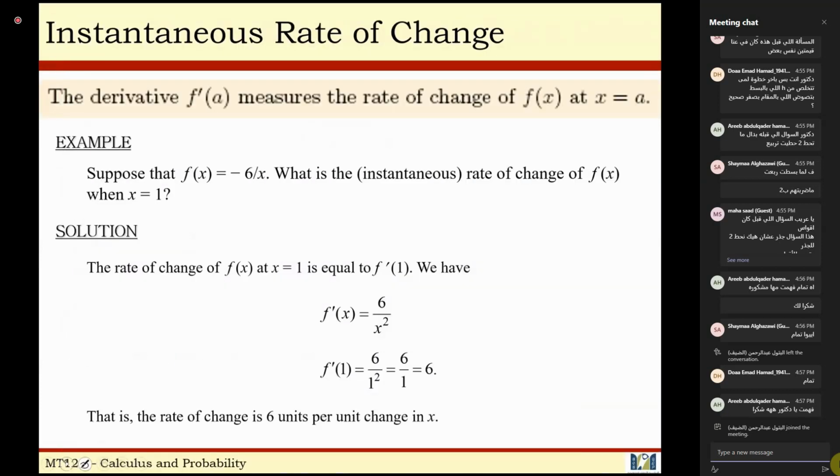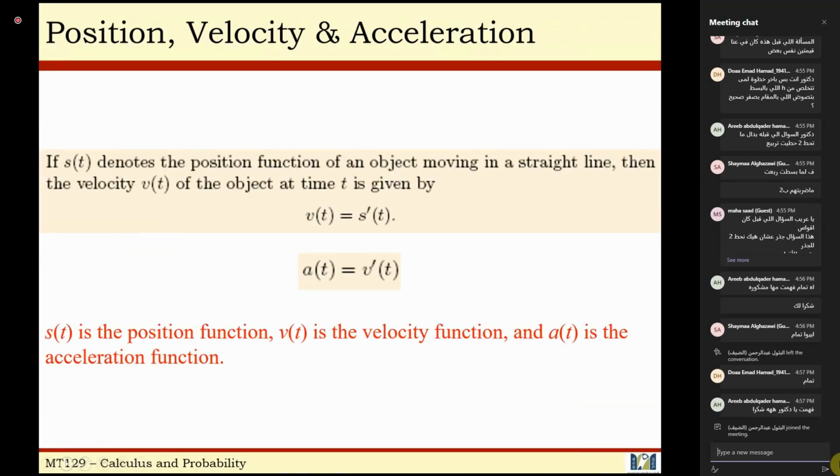This is the second derivative. This one covers position, velocity and acceleration.